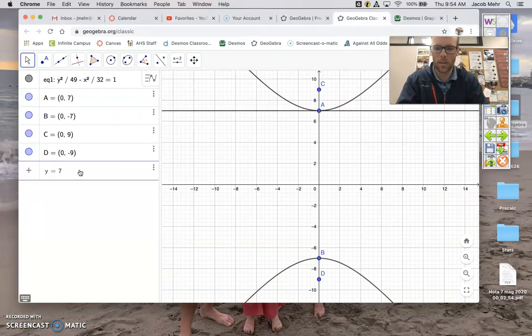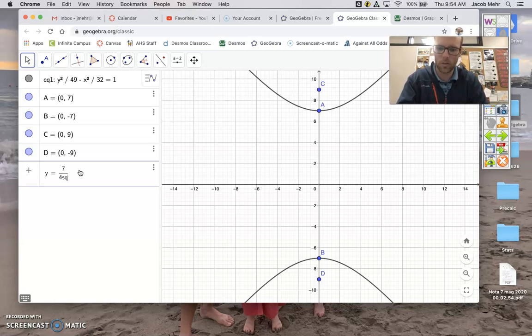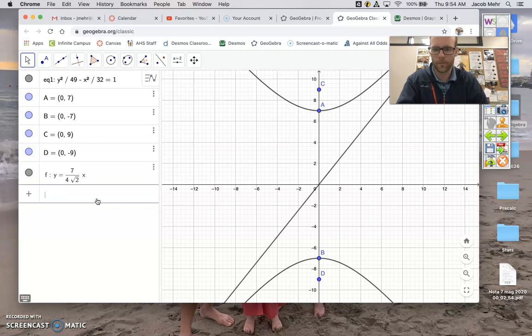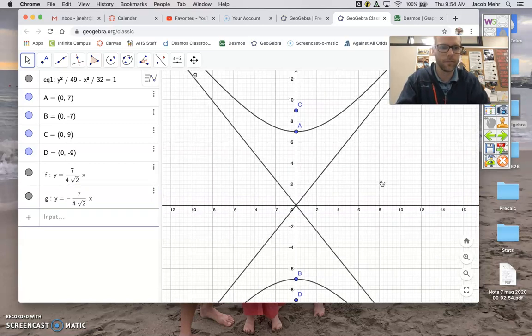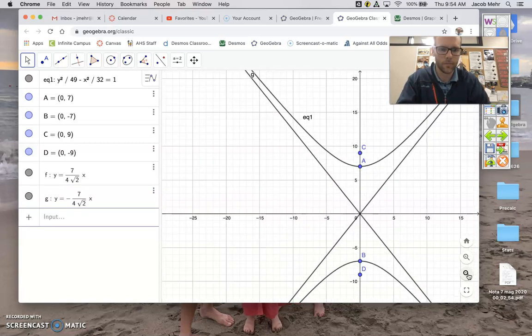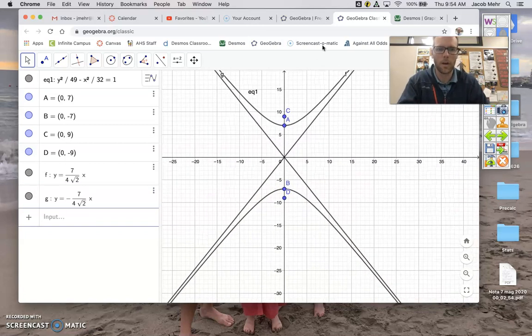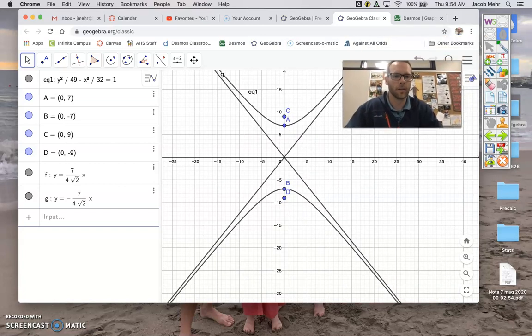Y equals 7 over 4 square root of 2 x. Y equals negative 7 over 4 square root of 2 x. Okay, there we go. And we see the hyperbola approach both of those slant asymptotes. And that's what our graph looks like. All right. Okay, so we should feel pretty good about that.